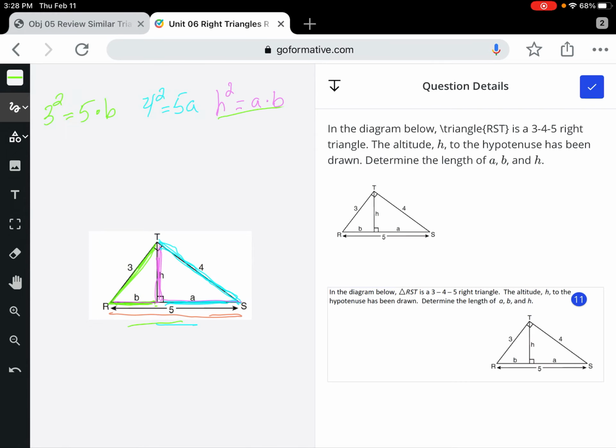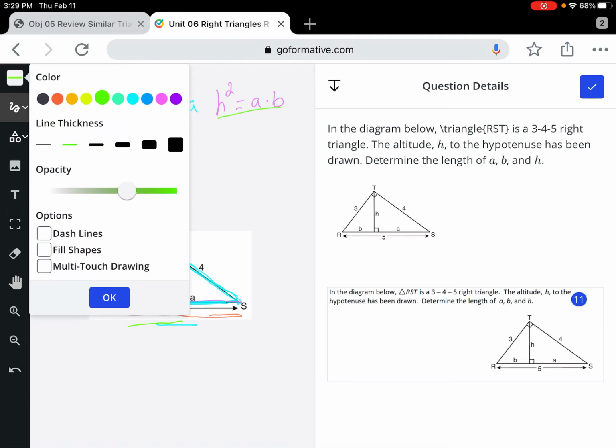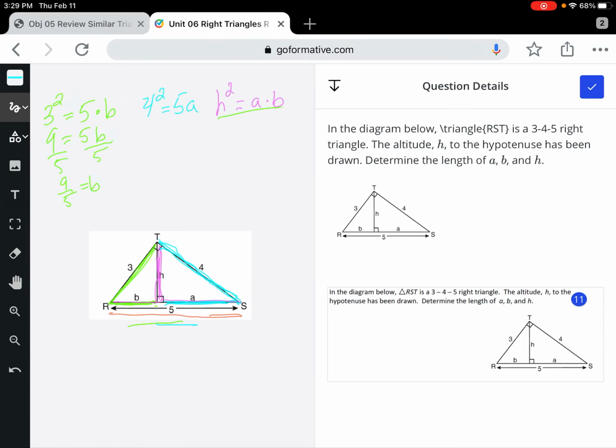So I obviously cannot solve this one right here because I have 2 variables. So I go through: 9 is equal to 5b. I divide by 5, divide by 5, b is equal to 9/5. An acceptable answer. I'm just going to leave it that way. My next one, this is going to be 16 is equal to 5a. Divide by 5, divide by 5.